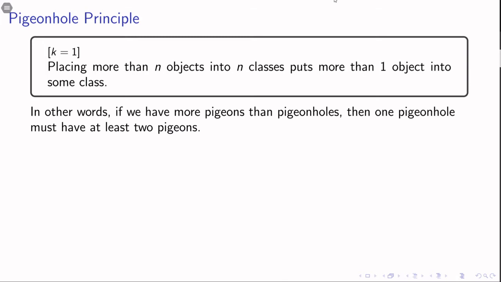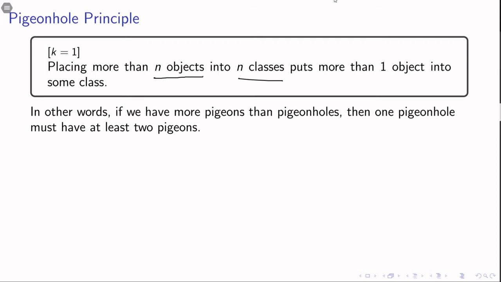So this is a corollary of the previous statement: if you have more than n objects and you place them into n classes or boxes, then one of the classes will have more than one object, right? And this is an even more obvious statement, right? The reason why this is called the pigeonhole principle is that if we have more pigeons than pigeonholes and you try to stick them into these pigeonholes, then you must have at least 2 pigeons sharing a pigeonhole.